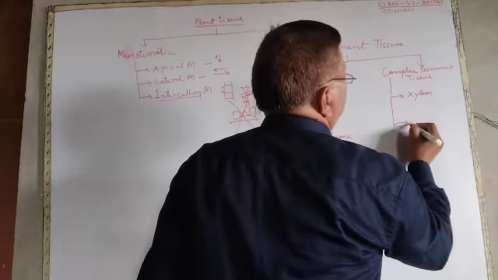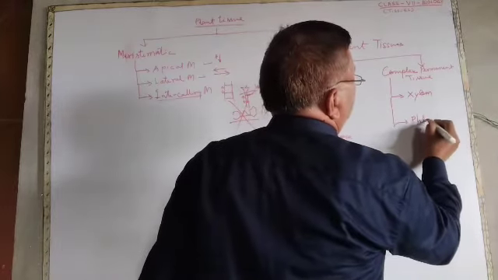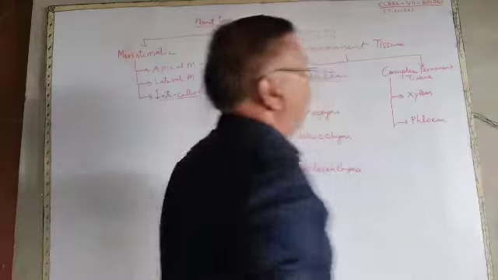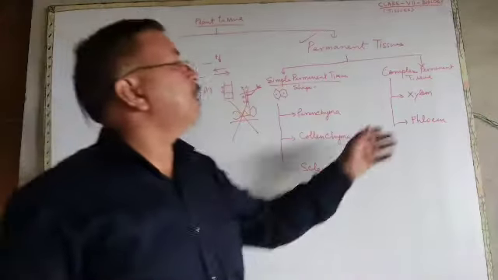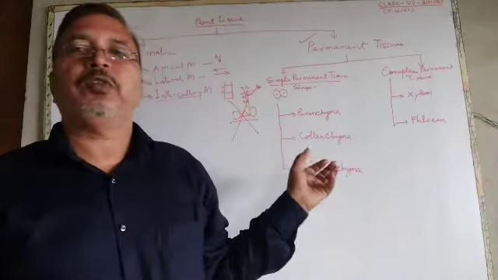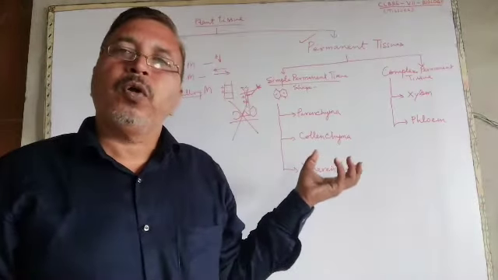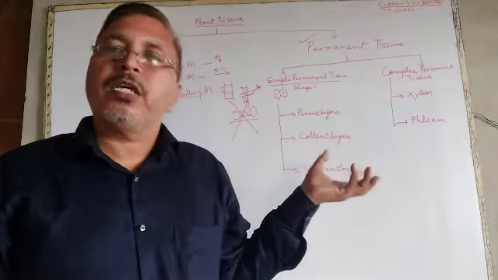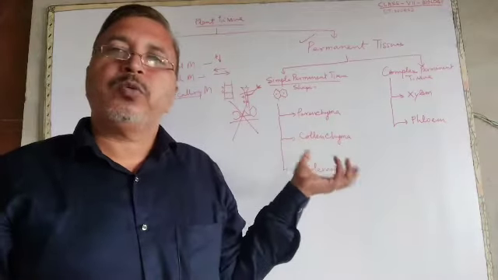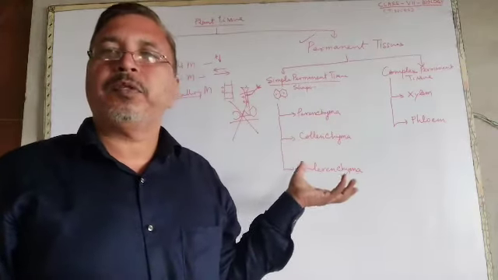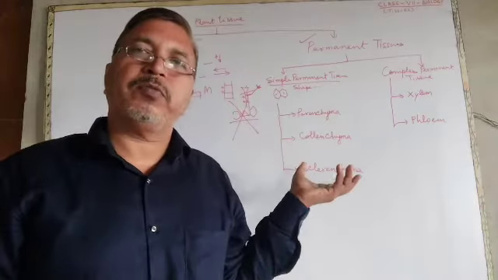These are conducting tissues in the plant body. Conducting means they help in the transportation of water and minerals as well as the prepared nutrients of food from the leaves to different parts of the plant body.